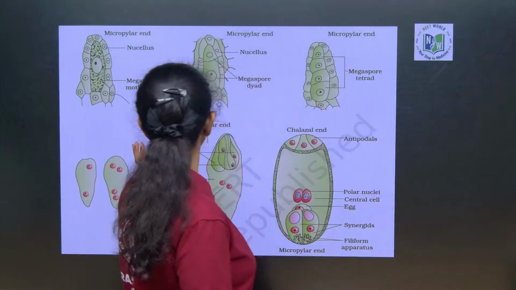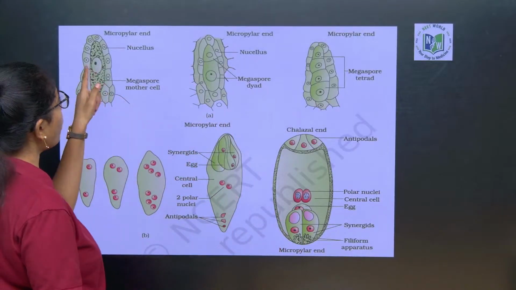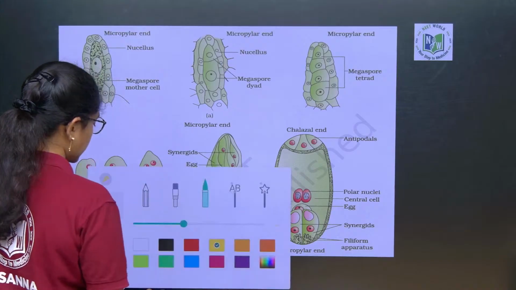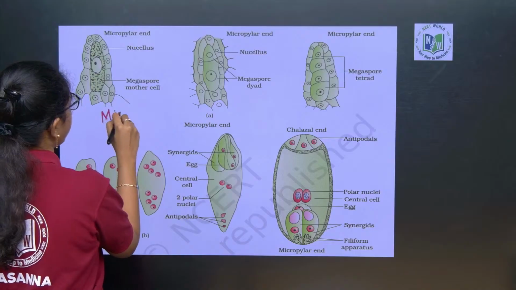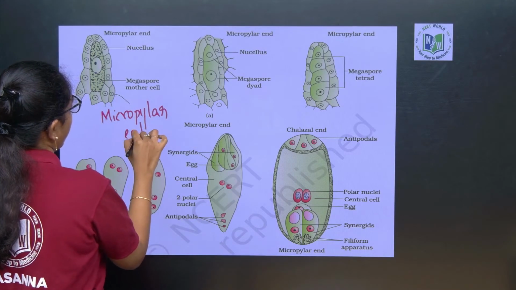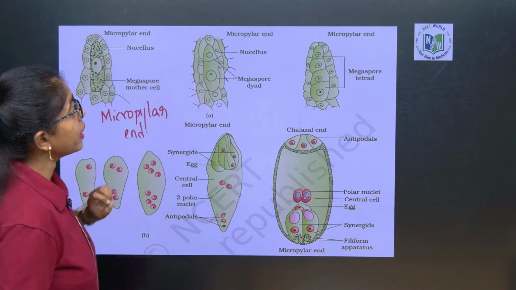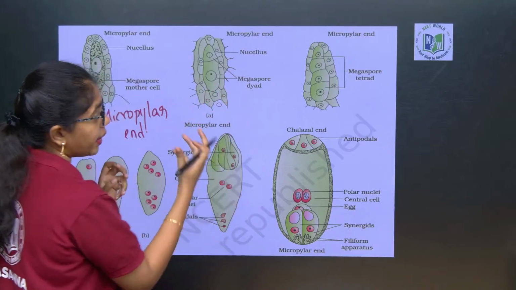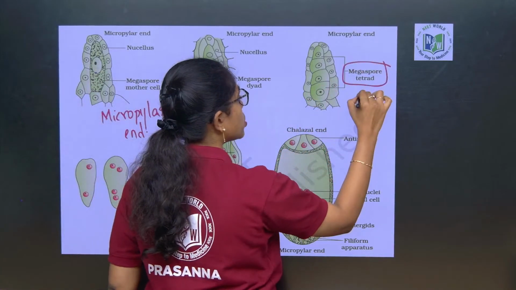Next diagram, if you look into where megaspore mother cell at micropylar end will be differentiated or undergoing meiosis. It will form megaspore tetrad which is haploid.